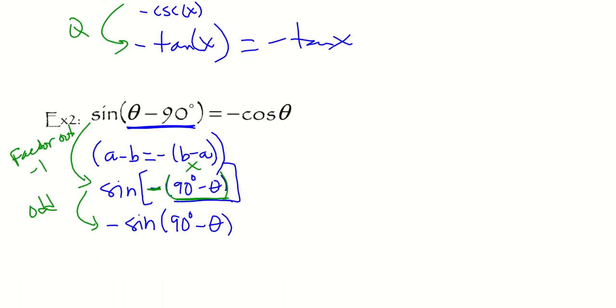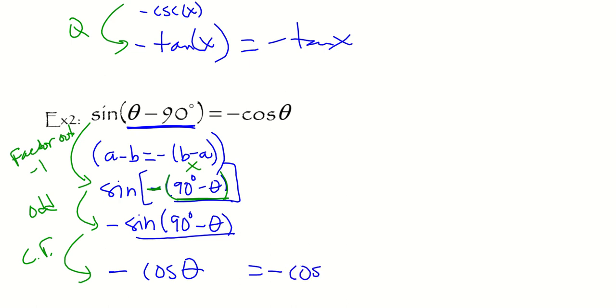Okay, now we can apply our cofunction identity, and right, so from here to here we're going to use our cofunction identity, and we have this opposite. We have this opposite, and we know the sine of 90 minus theta is the same thing as the cosine of theta, and that's what the other side equaled. Okay, so let's just recap there.